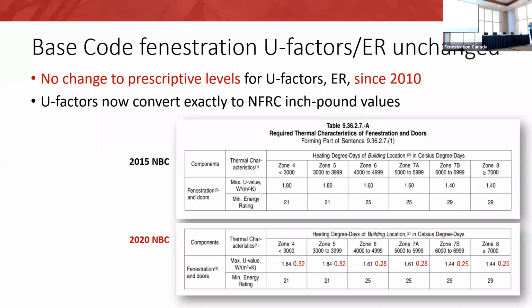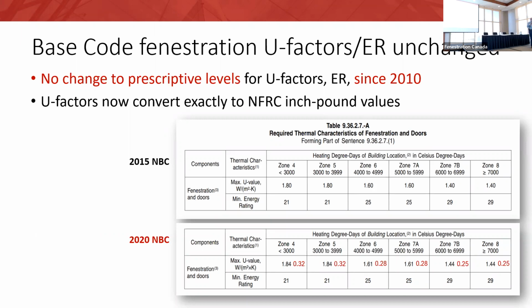And that's just so that they convert nicely into inch-pound units, which I've shown in red down below. And that's just to make it fair for companies who certify through NFRC and have to start with an inch-pound number and then convert it to metric, as opposed to companies certifying through CSA A440.4, where they can work in the metric world.